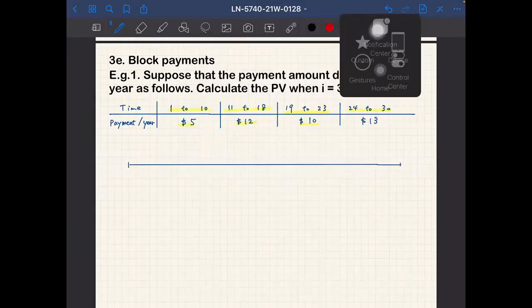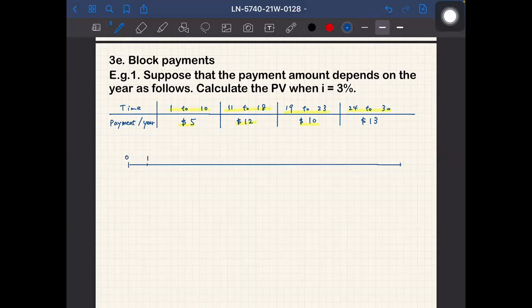So we start at 0, and the first payment is at 1, and from 1 to 10 we get $5. Maybe I will just write the $5 here: 5, 5, 5.